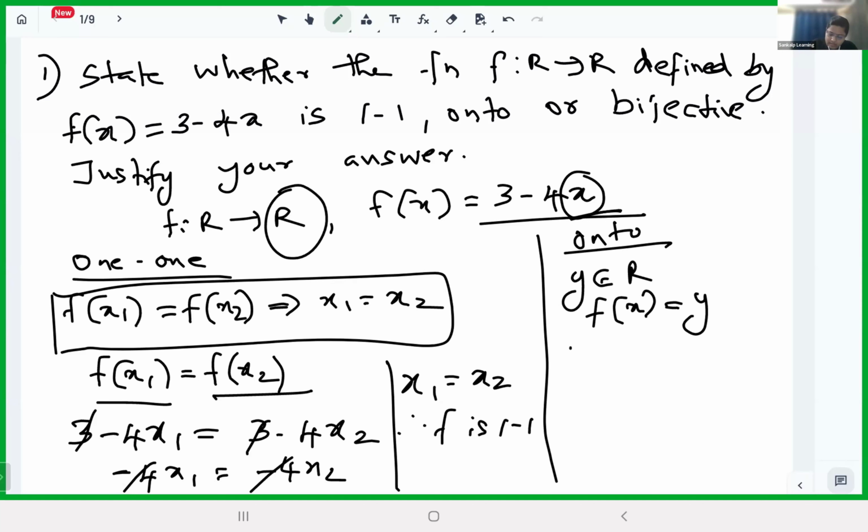So f of x is 3 minus 4x equal to y. You are finding the value of x from this. Minus 4x is equal to y minus 3, and x equal to y minus 3 by minus 4.